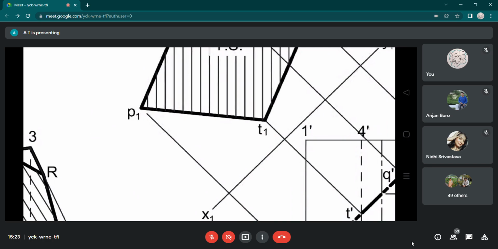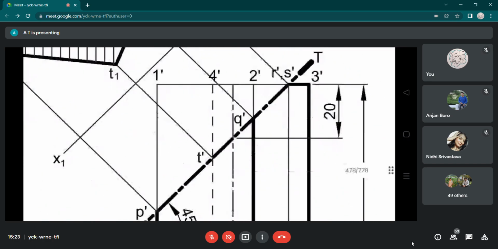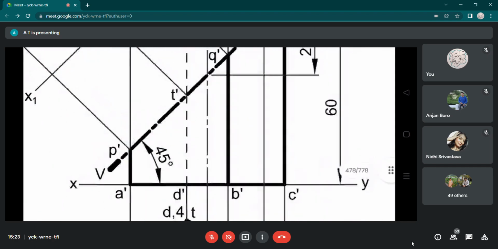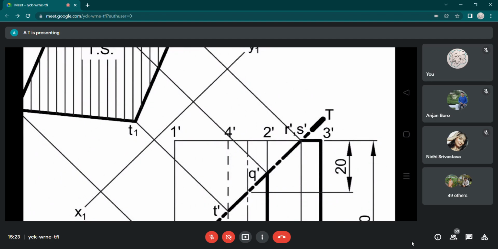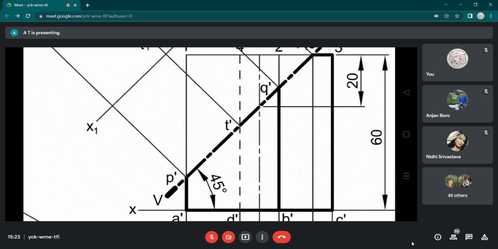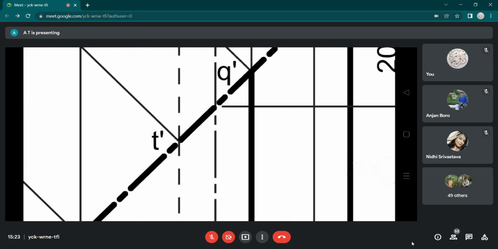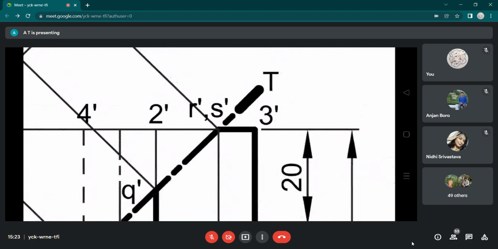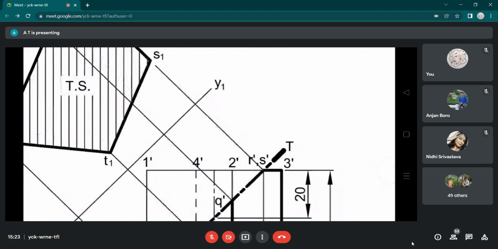Please focus. You draw this X1, Y1 line parallel to V, T, that is the vertical trace line, at any distance. After that, you projected this P dash, this T dash, this Q dash, this R dash, S dash on this X1, Y1 line.